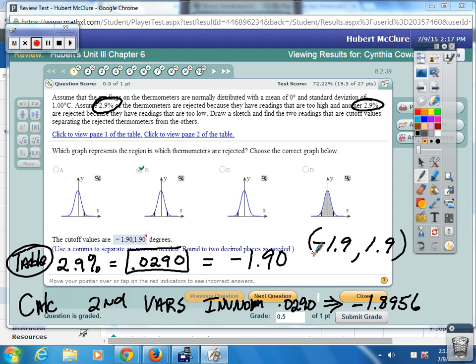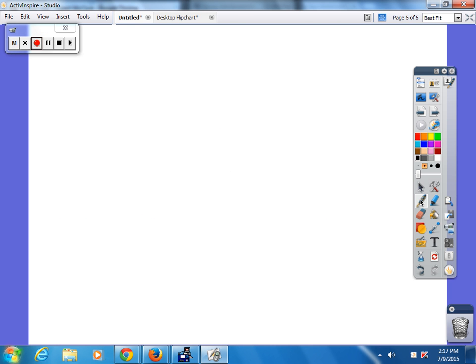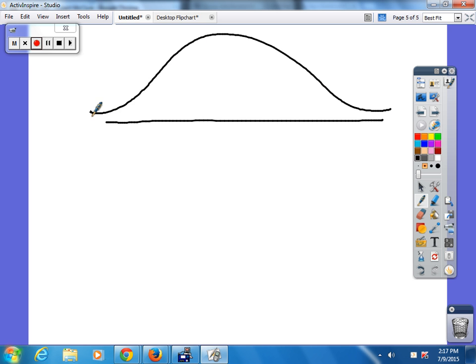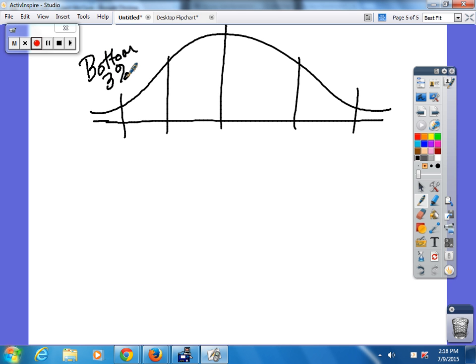I'll make one up. Find me a z-score that represents the bottom 3% and the top 8%.